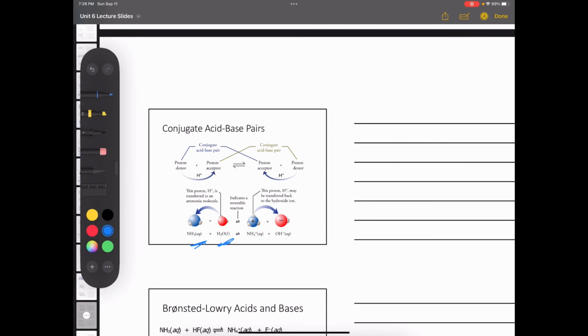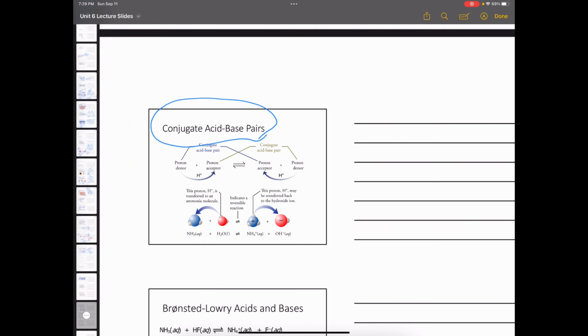A new term that I would like you to be familiar with is the conjugate acid-base pair. Again, here we are focusing on the proton transfer. So although you may see something like hydroxide in this equation, this is not our center of attention. We're focusing on the transfer of protons.